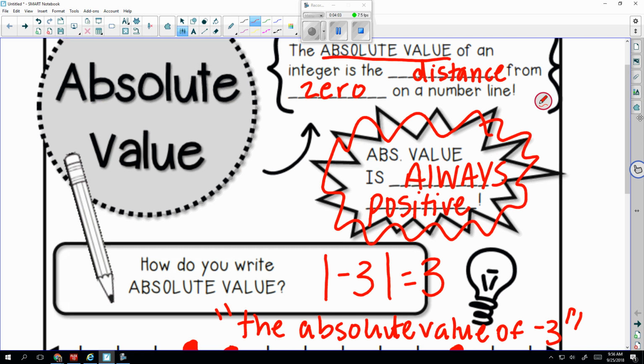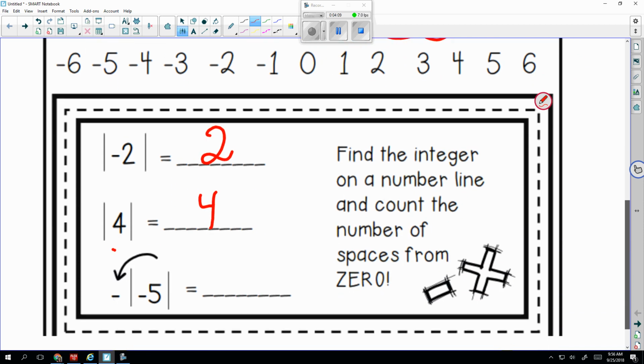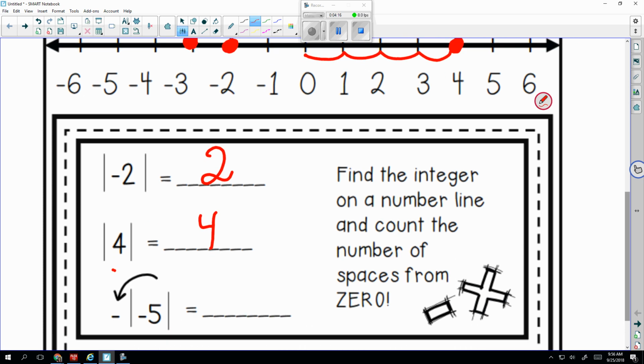We're not talking about opposites. We're talking about absolute value. Now, this last one is kind of tricky. Let's pause and look at just what's in here. How do we say this?